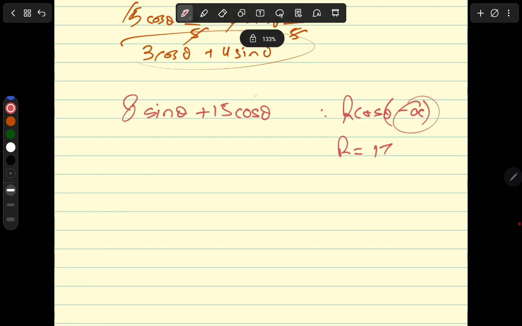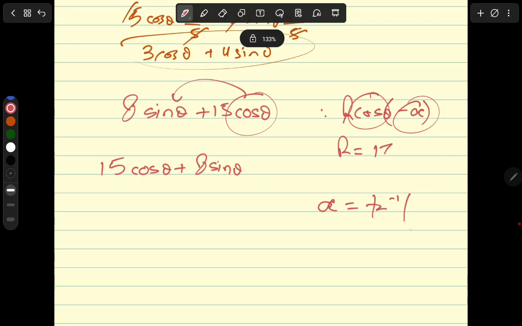I just explained to you a while back that if you have to convert it into a cosine form, and cosine is in the second place, put it back in the first place, rearrange it. So this becomes 15 cos theta plus 8 sine theta, and now it's much easier for you to look at. Now alpha is nothing but tan inverse of 8 upon 15, which is approximately equal to, let me do it in the calculator, 28.07.